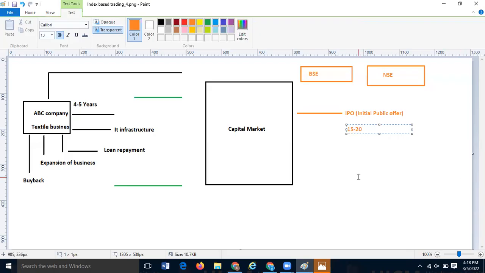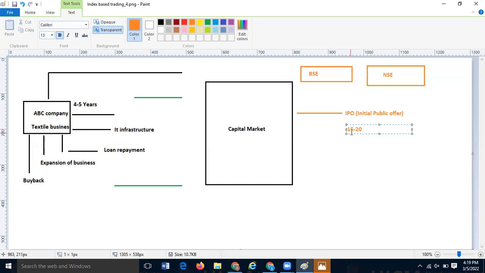There is a limit on fixing the lower and upper price band, and the minimum bracket is 5%. In this bracket you will bid.